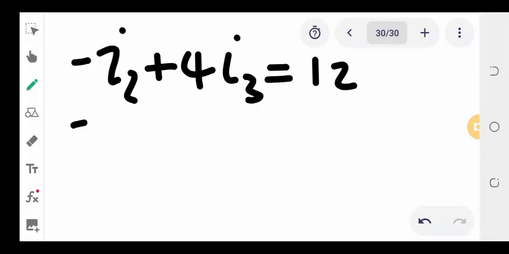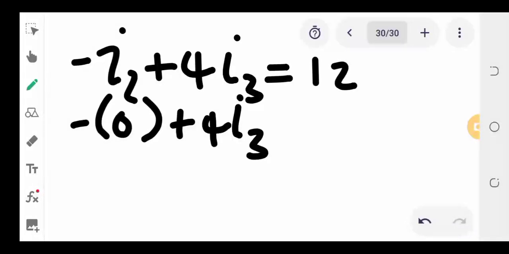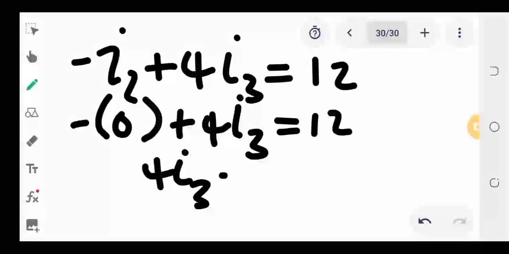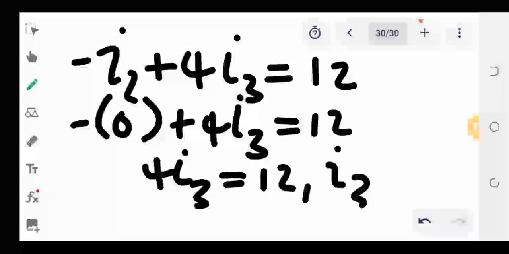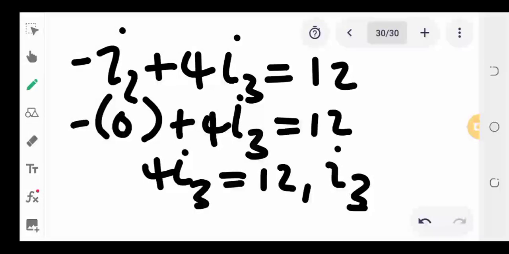So my I3 is going to be 3. Is it 3 amps? Yes, it is supposed to be 3 amps.